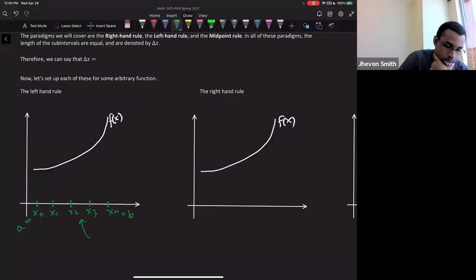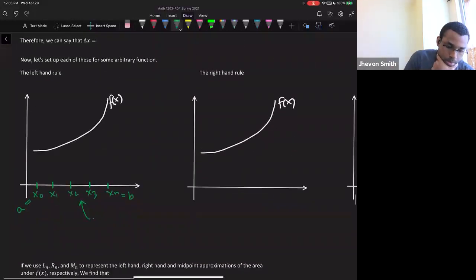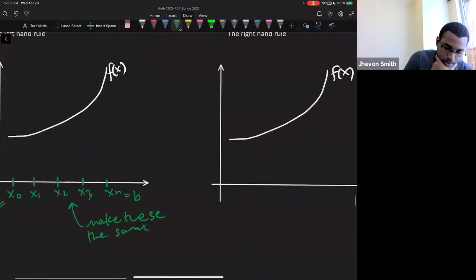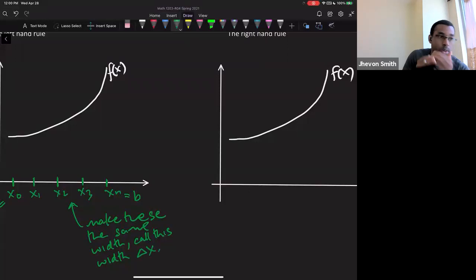And make these the same width. Call this width delta x, for it's a change in the x values, right?